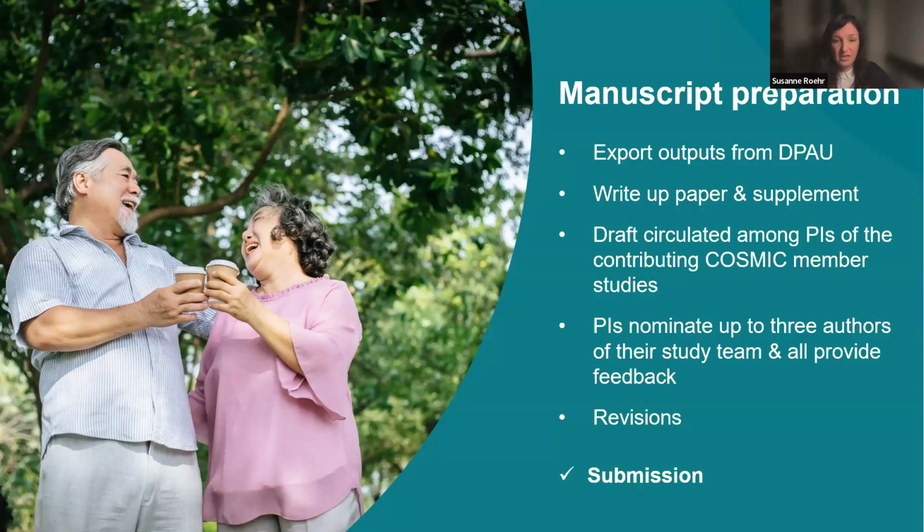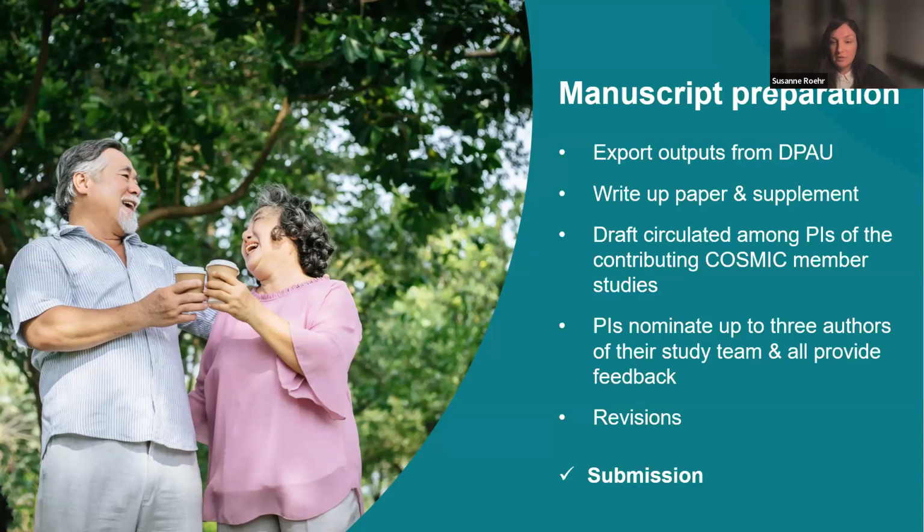When the draft is ready, and this may also see a round of checking in with the core COSMIC team, once you feel confident about it, it is shared among the PIs of those studies who have contributed to your specific project. Each study can then nominate up to 3 authors from their team, typically including the study PIs and those who handled the data, and everyone is invited to provide feedback.